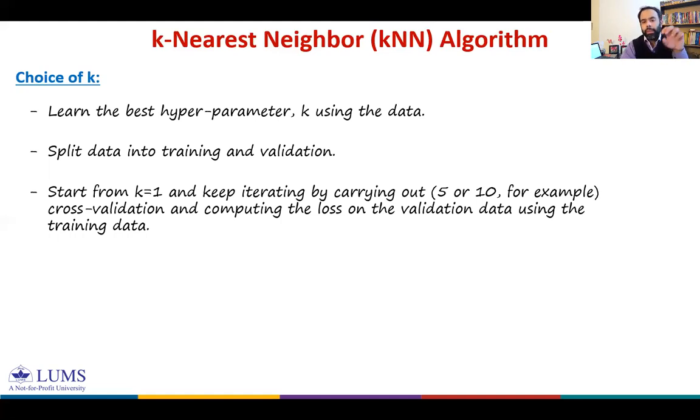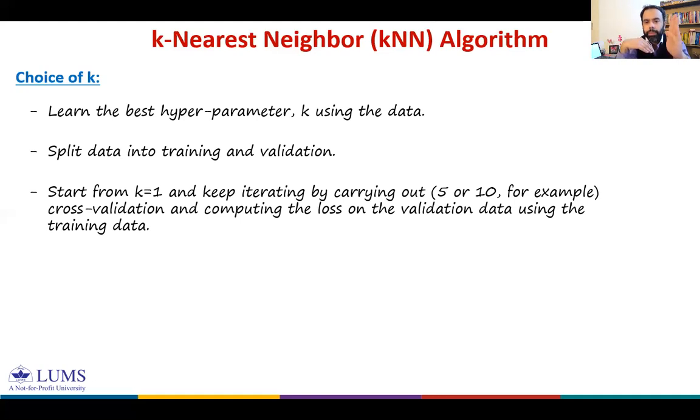So you use training data to compute the loss on the validation data, and you plot that loss versus k, as you keep on increasing k is equal to 1, 3, 5, 7, and so on.